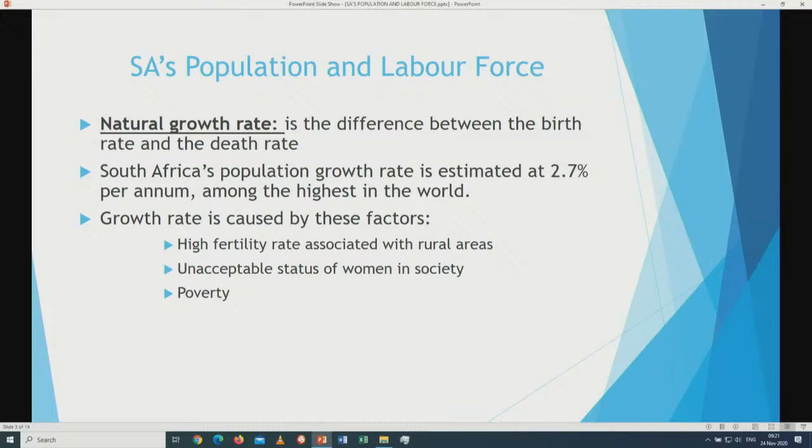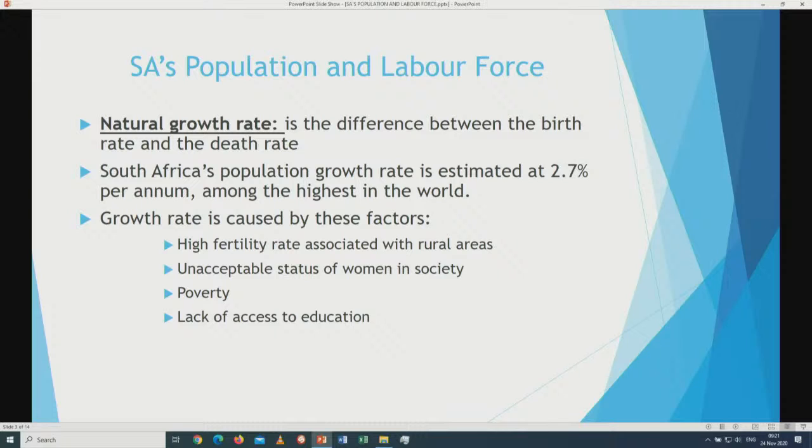They equate it to $1. Now $1 could be around 16 to 17 rand. So if you live below 17 rand a day, then we say you are in absolute poverty. So poverty is one of those factors that cause the population of the country to grow.